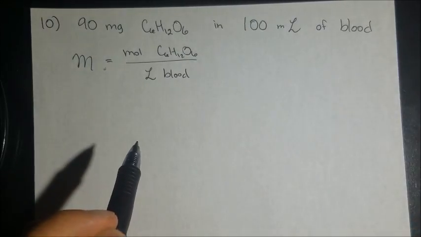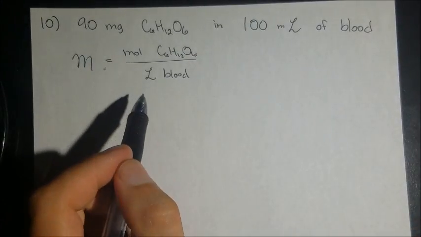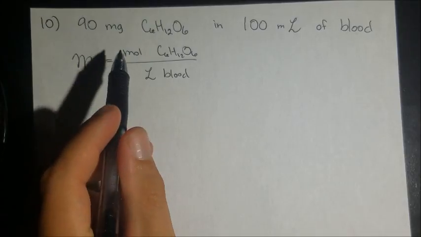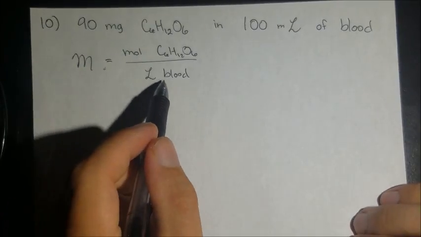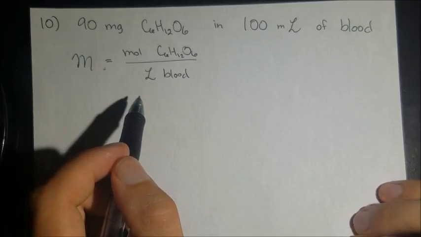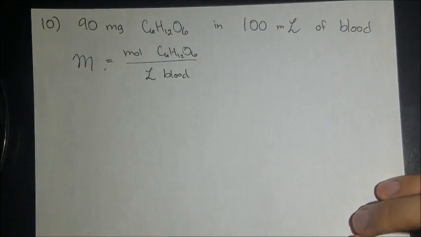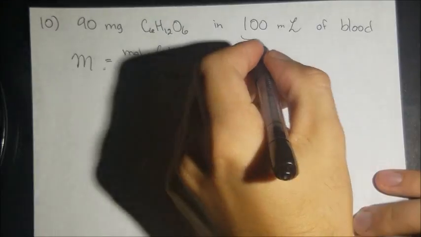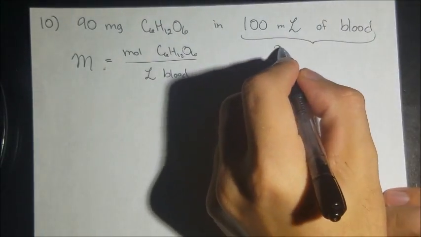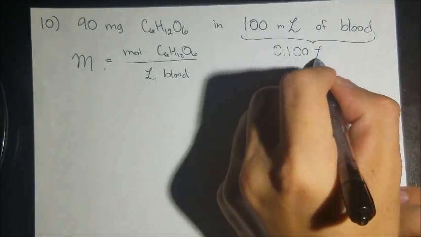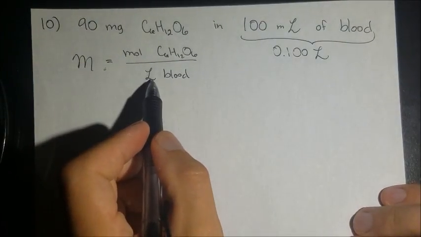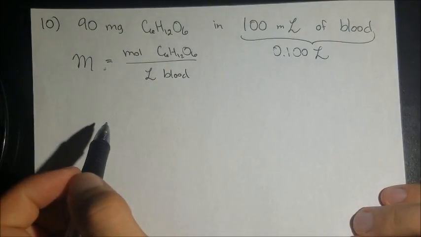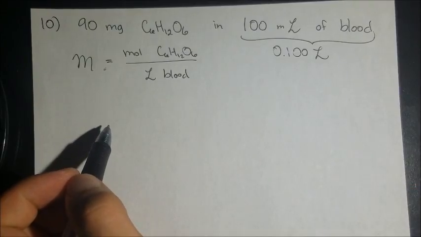So in order to figure out what molarity is, these are the two quantities that we need to determine: moles of glucose, liters of blood. So let me just go ahead and start off with the liters of blood, because that's going to be really easy. We know that we've got 100 milliliters of blood, so this is just 0.1 liters of blood. So that's what's going to go in here. But the moles of glucose is going to require a little bit of calculation, but not a big deal.